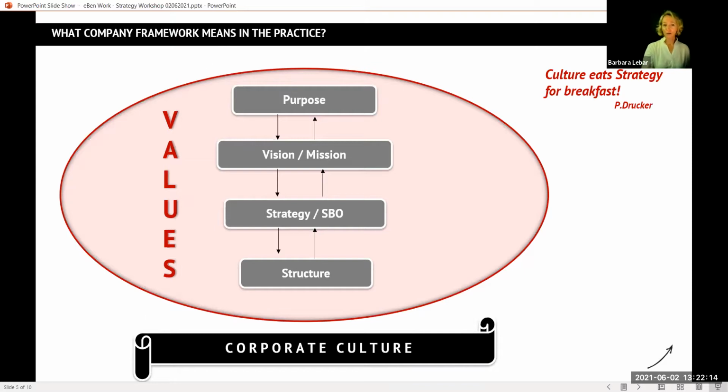And those values are going to create the culture that we are experiencing. So when we come into eBen or when we collaborate with you, no matter whether you tell us your values or not, we are going to feel the culture. So how you work together, how you collaborate, how you interact with us. So what's this culture?